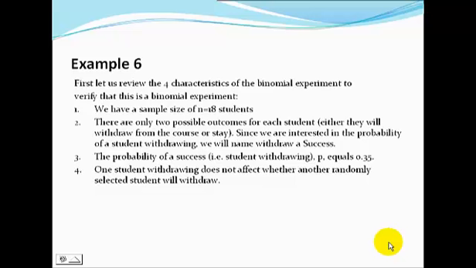The probability of a success, or the probability of a student withdrawing, is our p-value, which equals 0.35. We're going to assume that the likelihood of one randomly selected student withdrawing does not affect the likelihood of another randomly selected student deciding to withdraw.